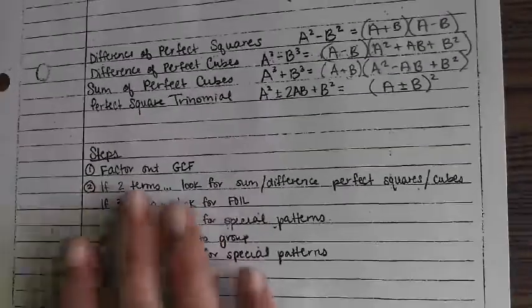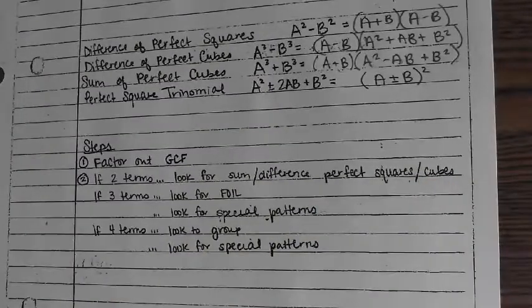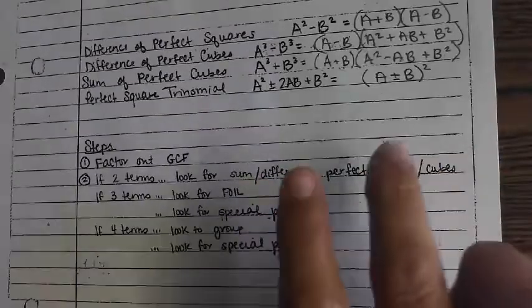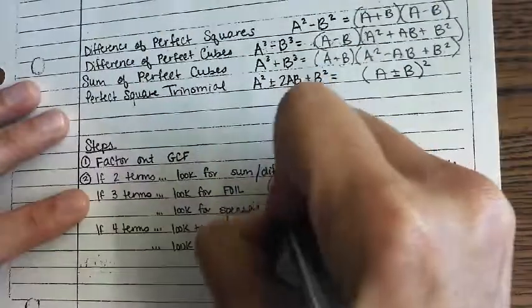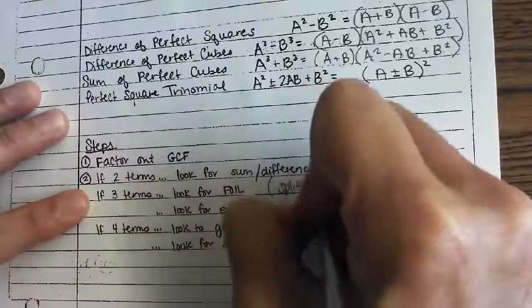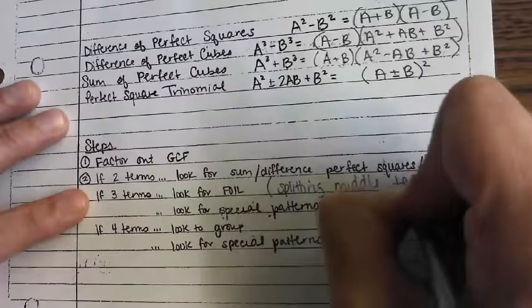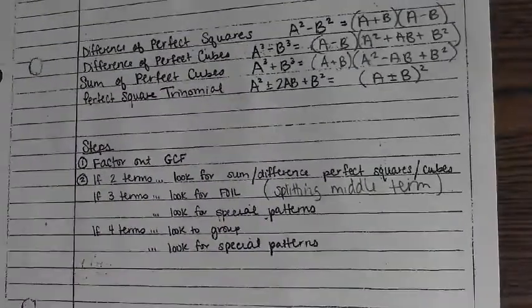But then 2 terms, you're looking for special patterns, any one of our 3 special patterns, the sum or difference of perfect cubes, and we don't have a sum of perfect squares, only a difference of perfect squares. 3 terms, we're looking to FOIL, or again for special patterns. And we could add to that splitting the middle term if that's necessary on a harder example. And then if it's 4 terms, we're looking to group or for special patterns.